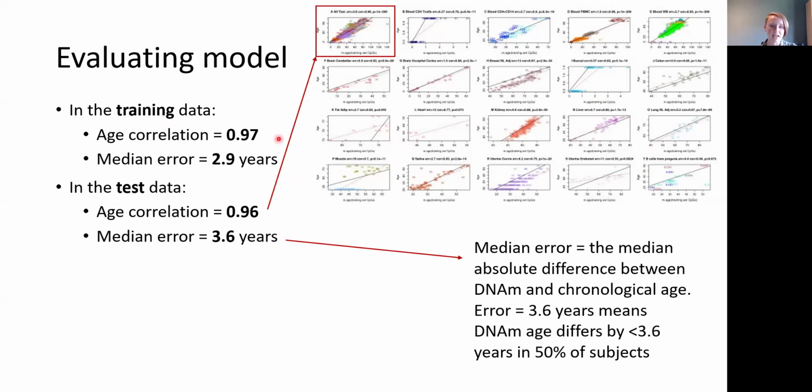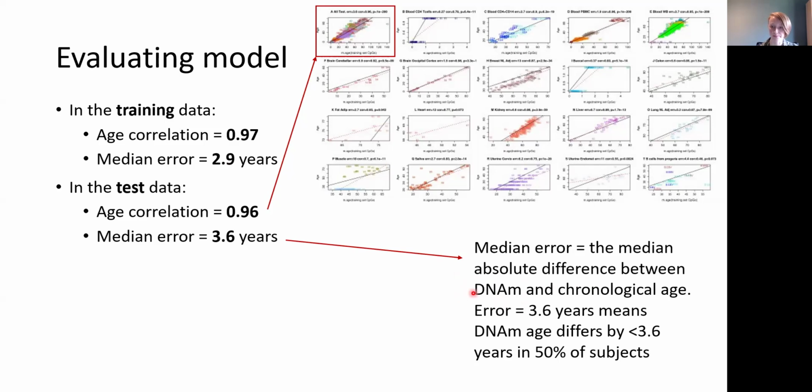So in this case, age correlation relates to literally the correlation between predicted age and the actual age of the sample, just using Pearson's correlation. The median error is the median absolute difference between the predicted age and the chronological age. And they refer to their predicted age as DNA-M.